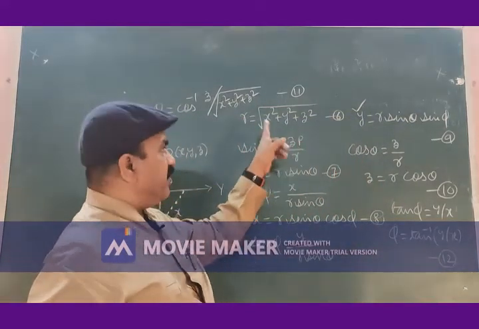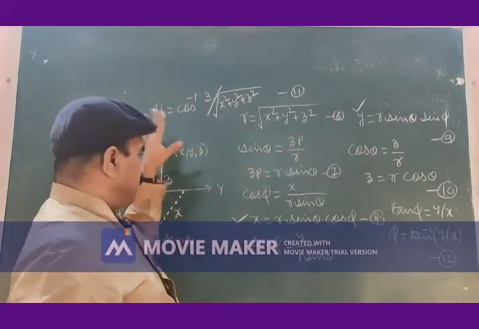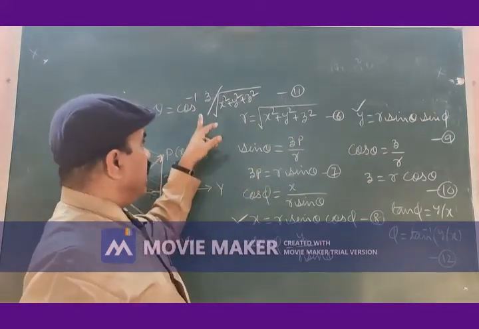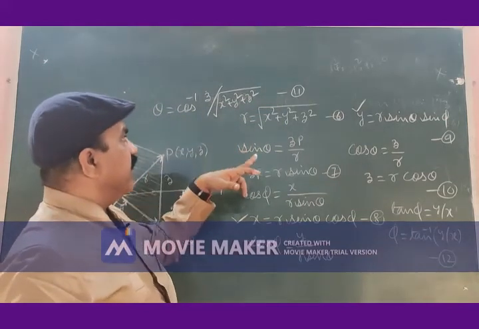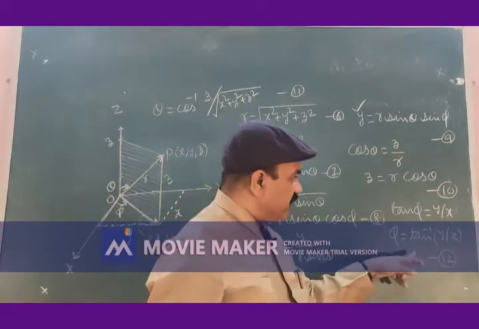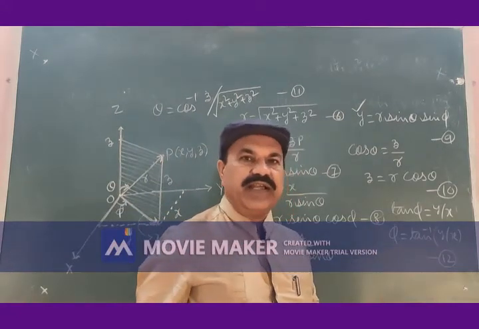Equation 6 can be used for the radius vector r, from the geometry of the figure. Equation number 11 can be used to find this angle theta. Equation 12 can be used to find this angle phi.